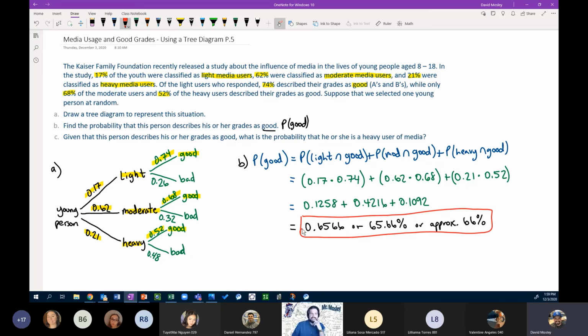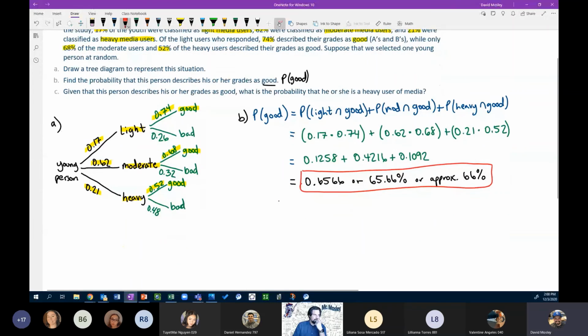Any questions on how I calculated this? So then let's do part C. Part C says, given that this person describes his or her grades as good, we have that word given, so good is the given part.